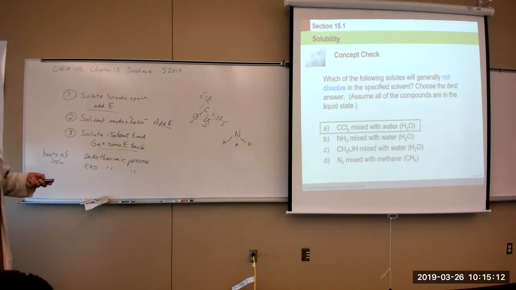This one has the OH bond. That's methanol. That's the one you can't drink. Wood alcohol will make you go blind. It will mix with water readily. And then this one is kind of a trick question. Nitrogen mixed with methane, they're both gases, automatically a solution. It doesn't matter what their polarity is.